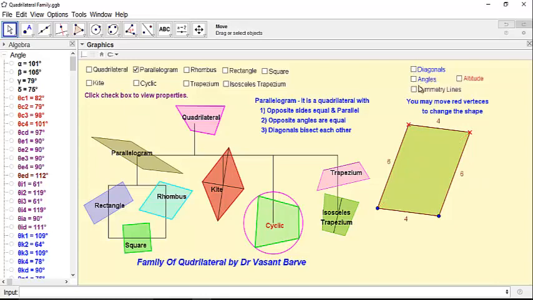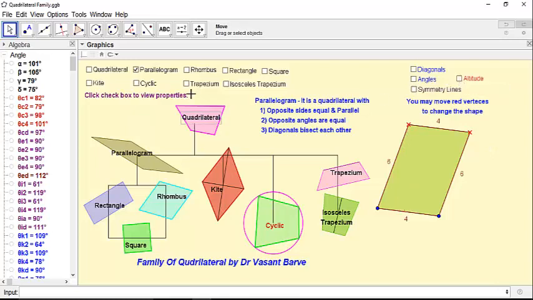Now there is no symmetry here, because you cannot draw a line wherein you can divide this in 2 parts which are mirror images of each other. Now to find the area of this, the simple thing is that you find the altitude and then base multiplied by altitude will become the area of this parallelogram.